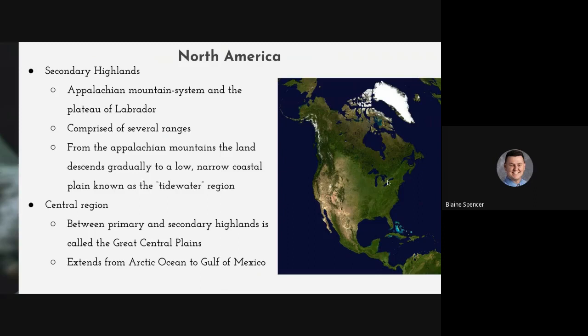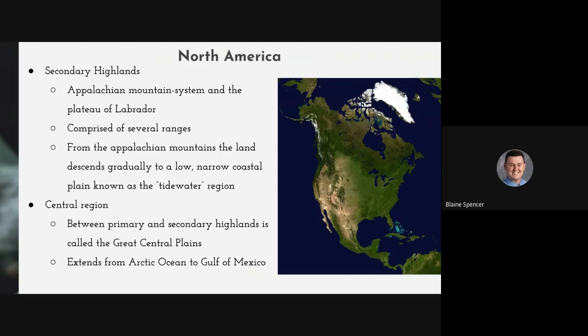The secondary highlands are over here: North Carolina, Virginia, Tennessee, Maine, New York. This region right here. The secondary highlands are going to be the Appalachian Mountain System and the Plateau of Labrador.